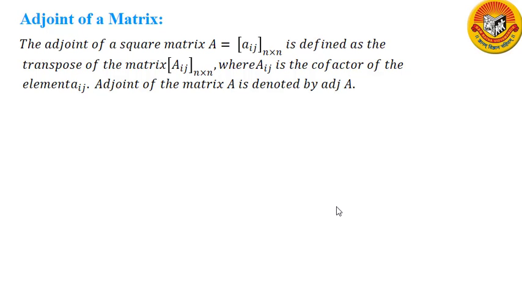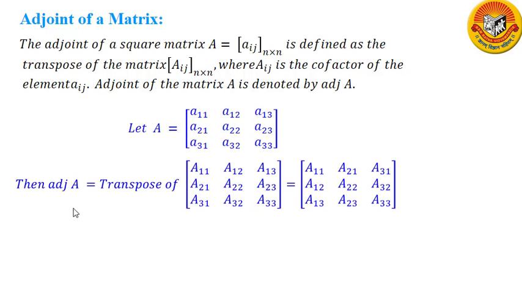Here, keep in mind that we have to transpose the matrix of cofactors of the elements. So if A is the given matrix, then adjoint of A is equal to the transpose of the matrix in which elements are capital A11, capital A12, capital A13, capital A21 and so on.